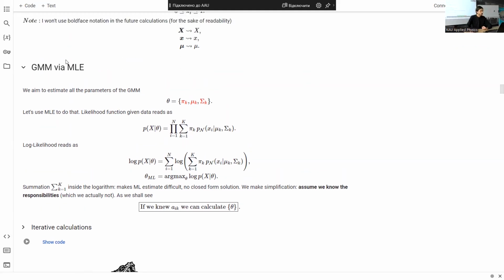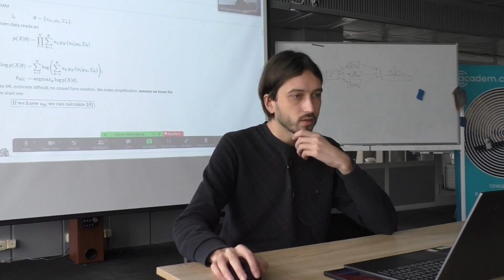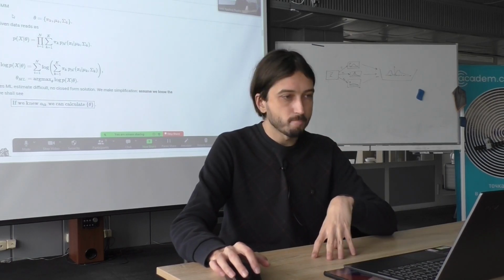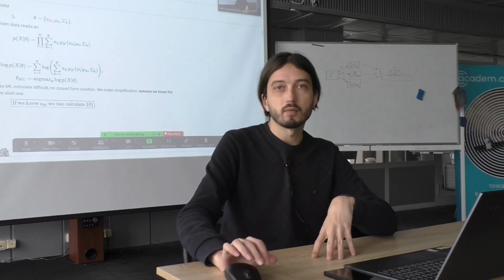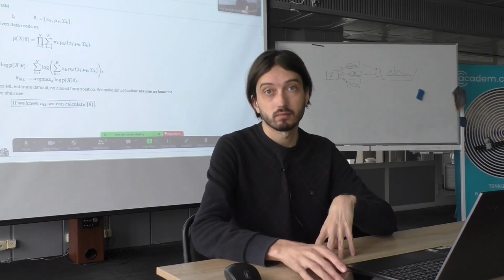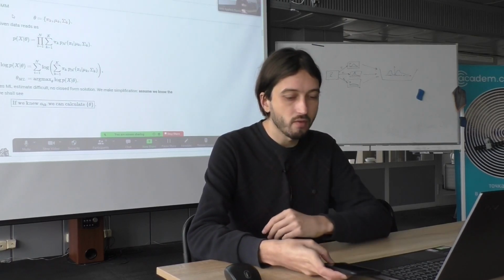What are we trying to do? Here is an example of GMM via the MLE, so maximum likelihood estimation. Let's first recall, hopefully you remember, what MLE is and how it worked. Can you recall that?